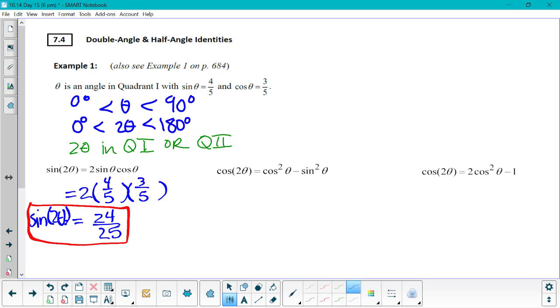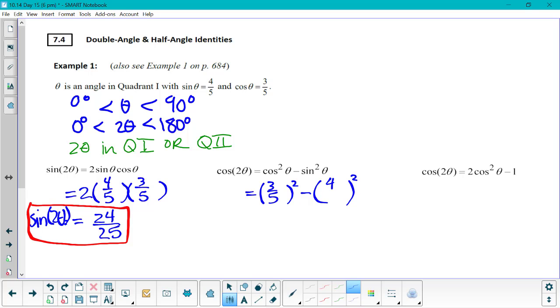Okay, so for cosine of 2 theta, we have 3 identities. No matter which one you choose, you should get the same answer. So let's use the first one that looks very much like a Pythagorean identity, but it is not because of the subtraction. It says take the cosine of the angle theta, which is 3/5, and square it.